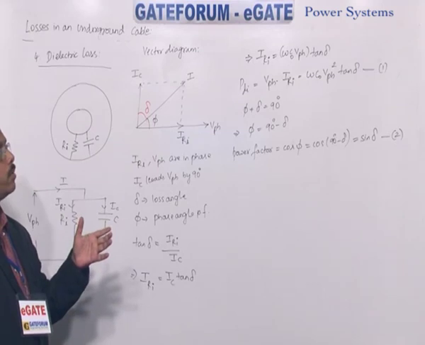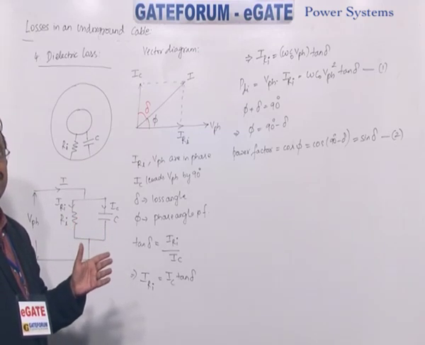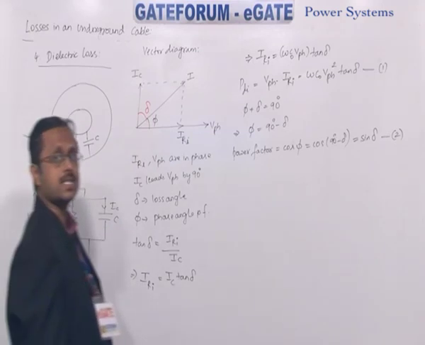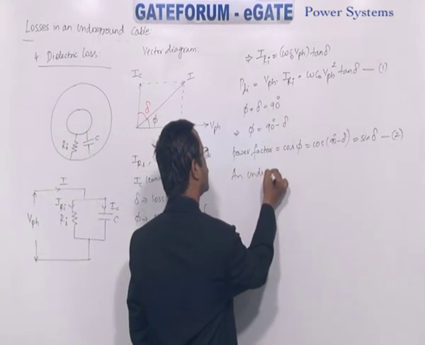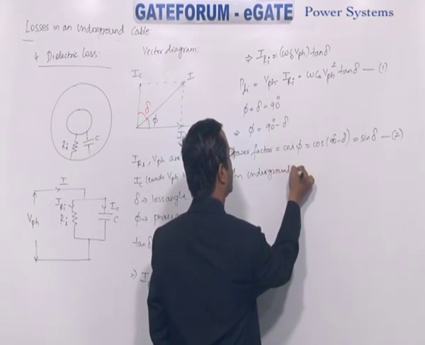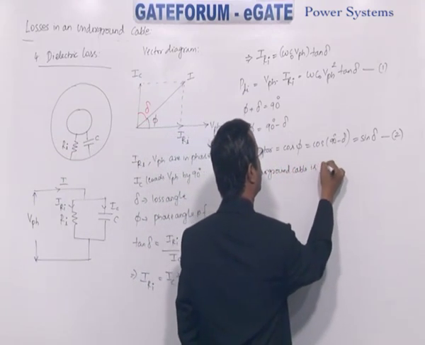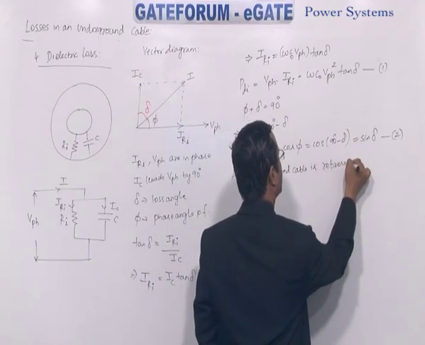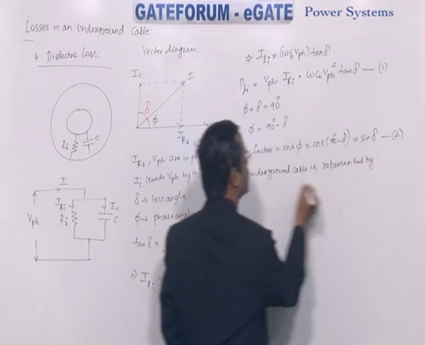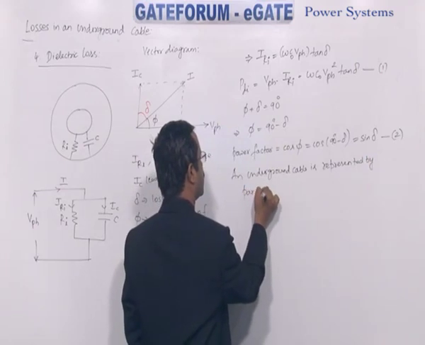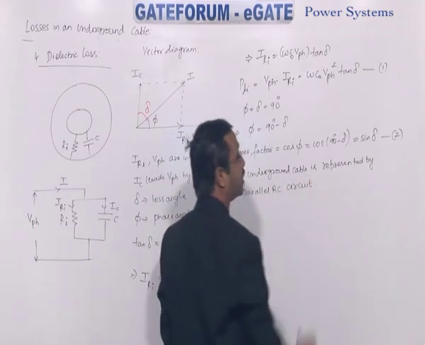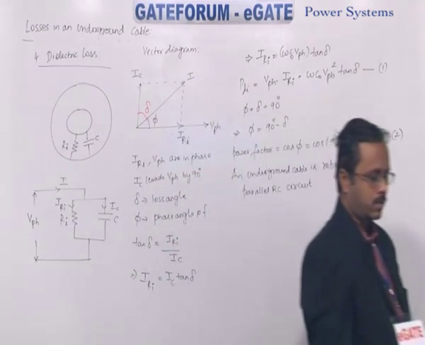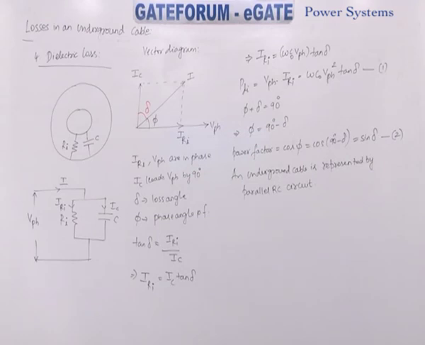So next we represent that an underground cable is represented by a parallel RC circuit. This is how you represent the total analysis of RC circuits here.